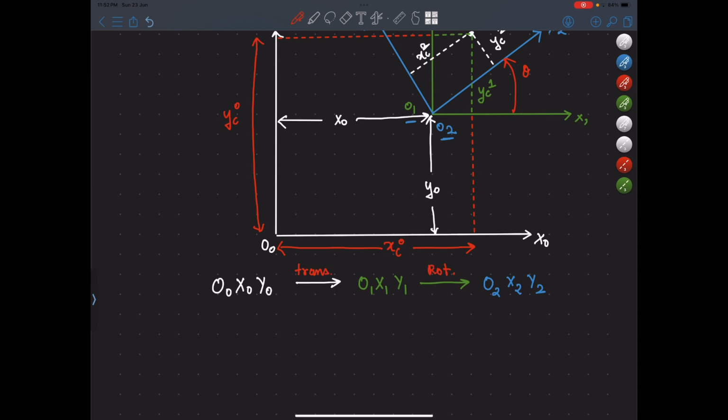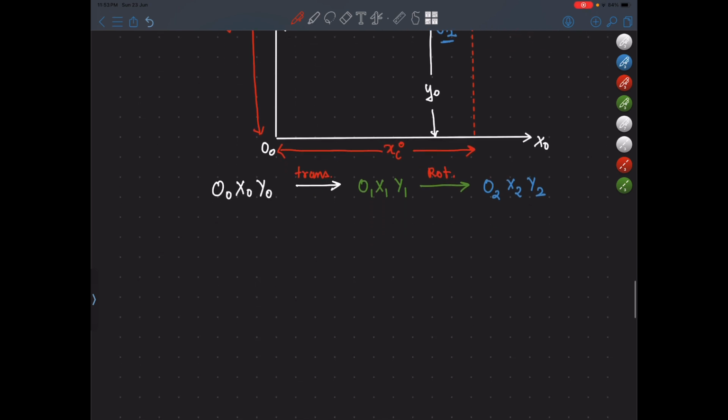So let's try to write the relations which we had discussed in our previous sections.